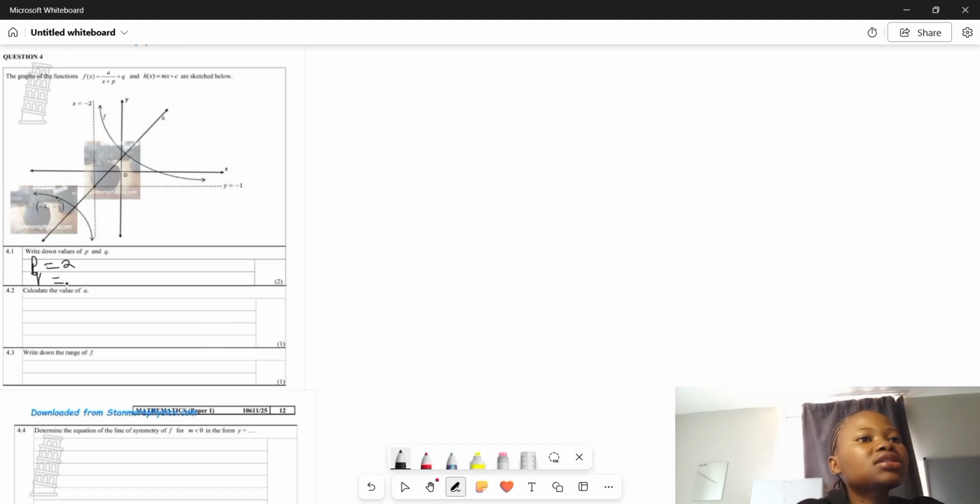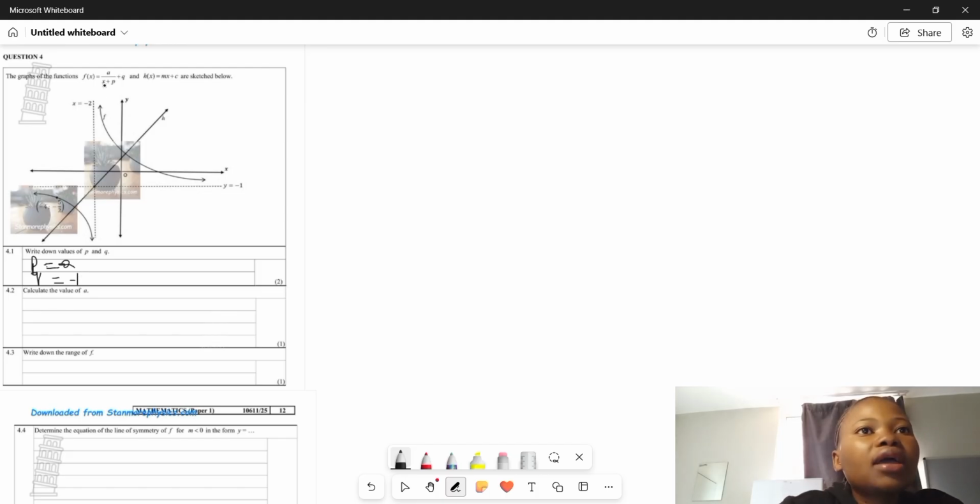They tell us that we must calculate the value of A. Now what is our value of A? We are going to substitute the P and also the Q. We have y, and we are going to substitute f of x. Let us make it y.